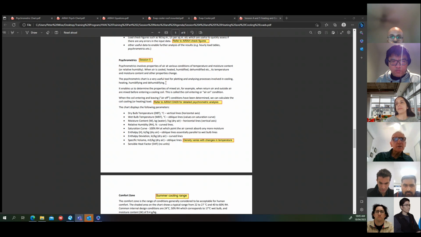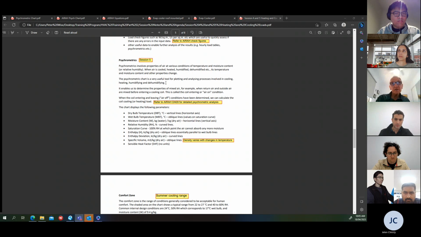Cooling, heating, humidifying, dehumidifying are the basic processes, but when you get into more complex projects like laboratories, museums, art galleries, and data centres, where temperature and humidity tolerances are very tight, sometimes the temperatures are quite low, so they might want 20 degrees. This is when the psychrometric chart becomes invaluable to try and assess how you're going to get the process to work.